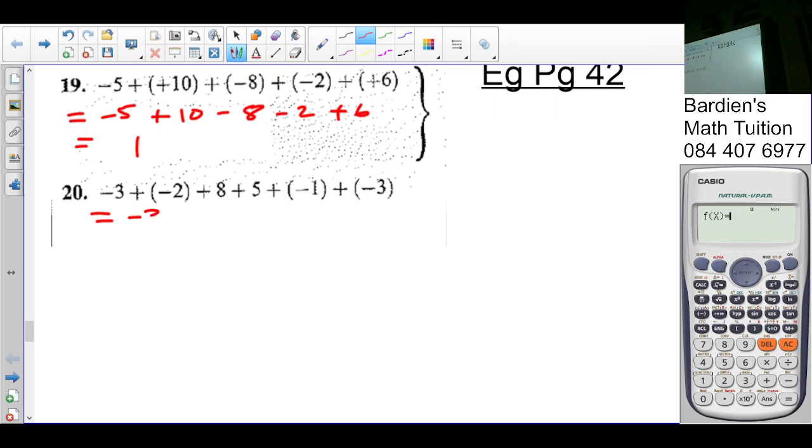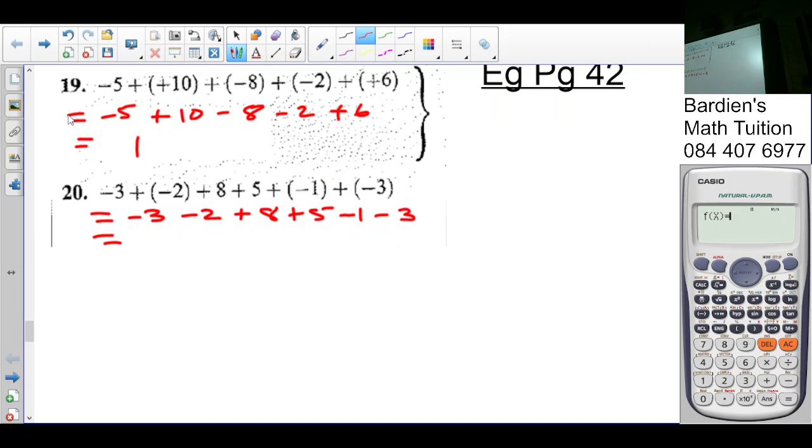Right. So here we got negative 3. What's positive times negative? Negative 2 plus 8 plus 5 minus 1 minus 3. Now without a number line. Okay? What's negative 3 minus 2? Negative 5. Nice. Negative 5 plus 8? Right. Use a number line.